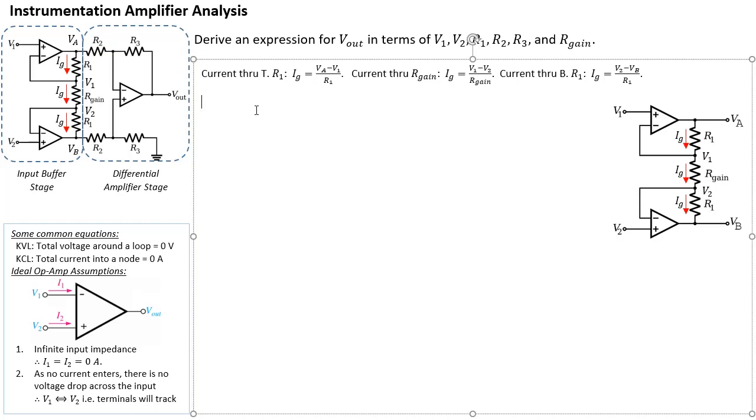So equating IG for the top R1 and our gain, we're going to get one equation. So it would be this being equal to this here. I'm just going to copy this.